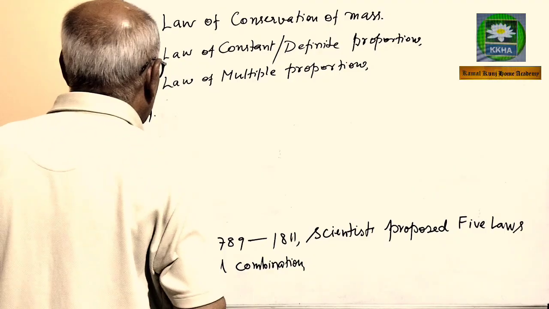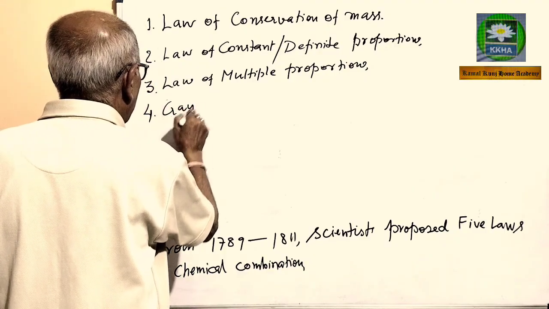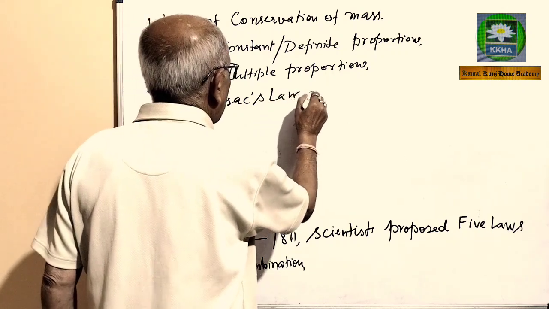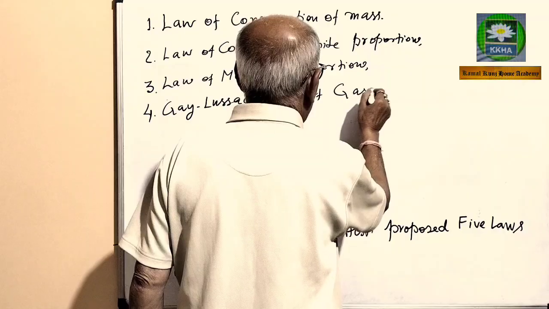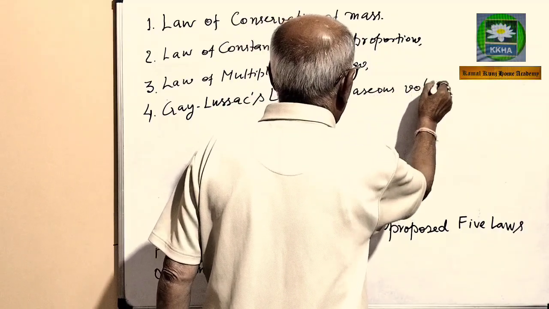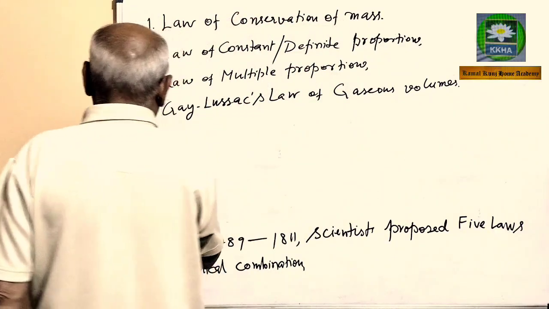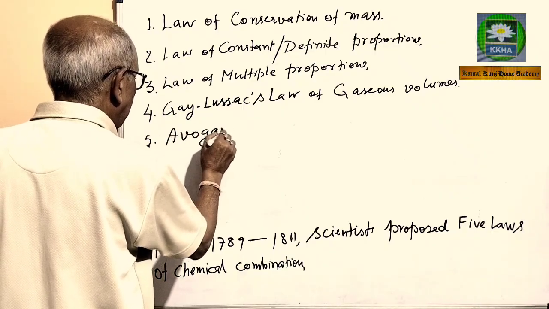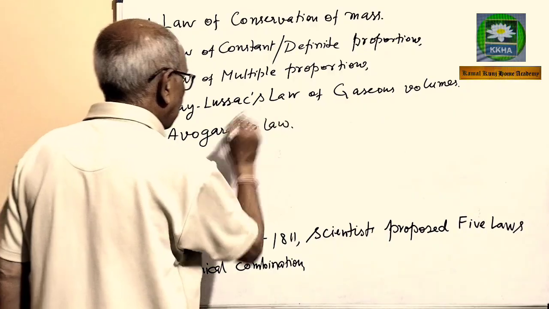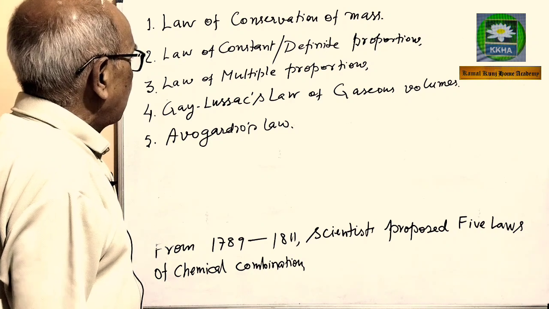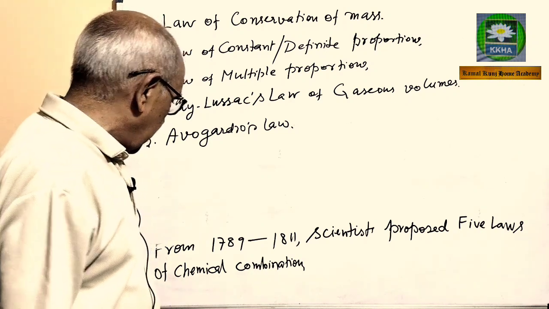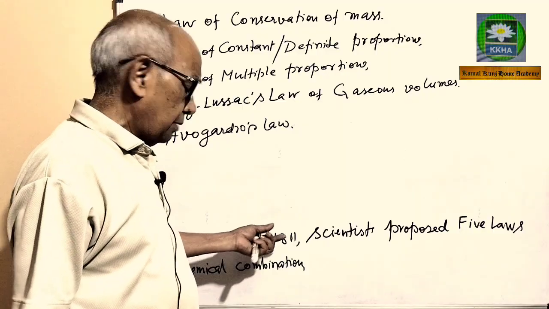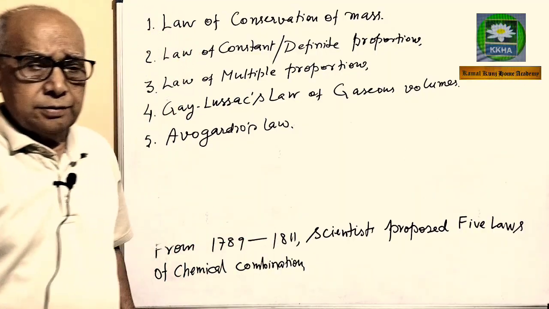Fourth is Gay-Lussac's law of gaseous volumes. And fifth one is Avogadro's law. These five laws were proposed by scientists during the period 1789 to 1811, that is the end of the 18th century and the early period of the 19th century.